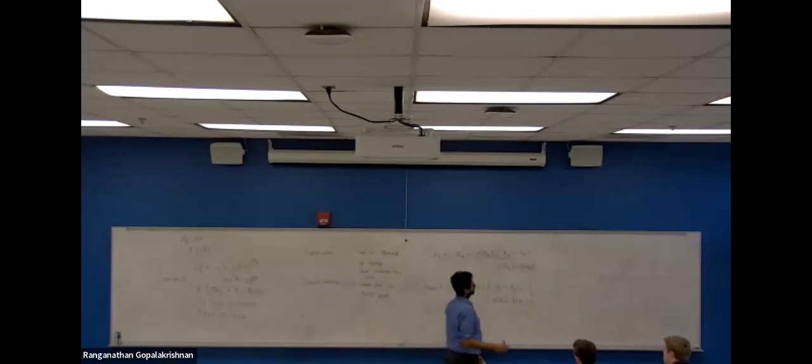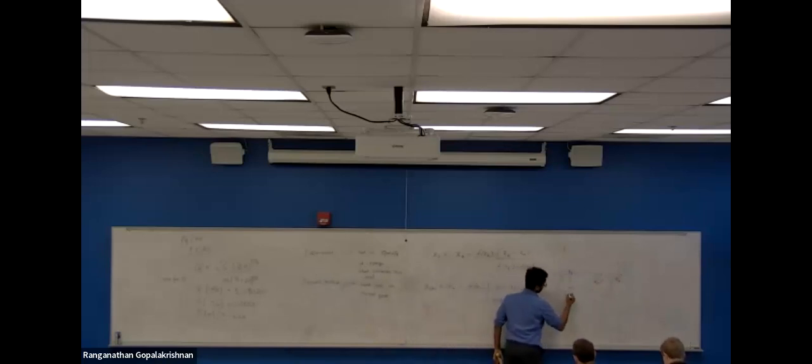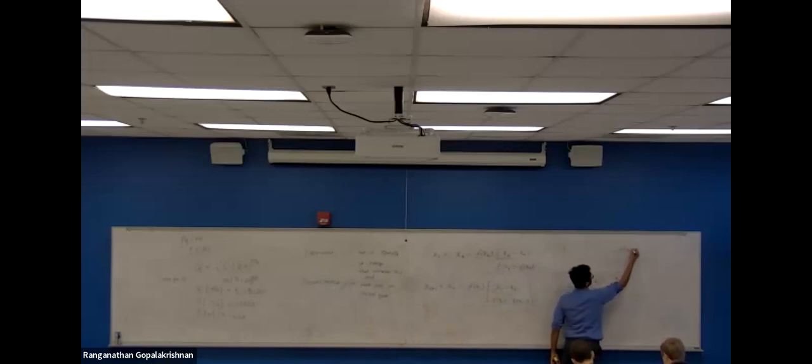And to put a picture next to this, here is x lower, here is x upper, and here is the approximate location of the root, where you have f of x lower and f of x upper.